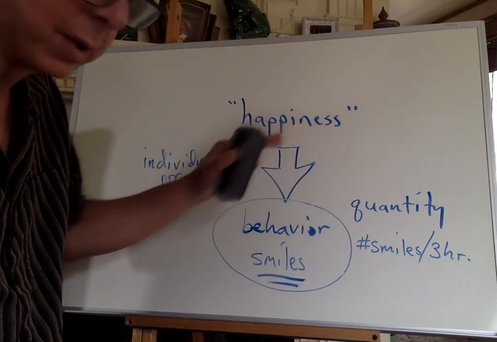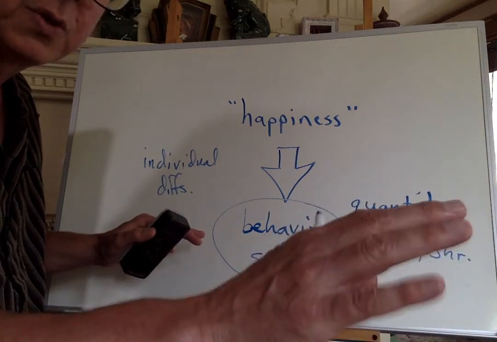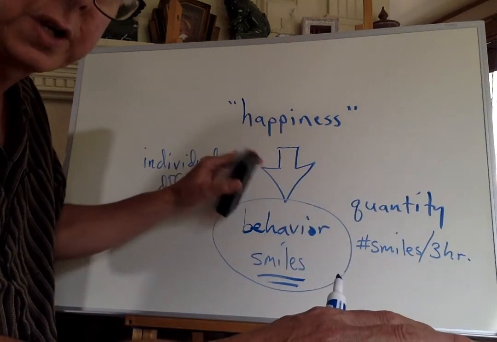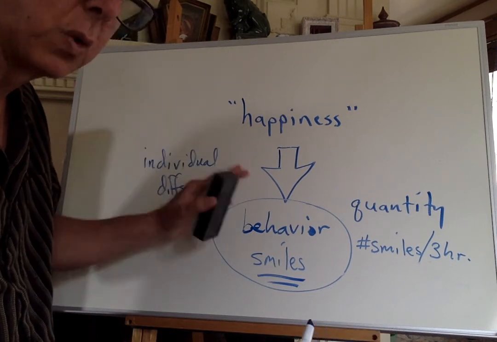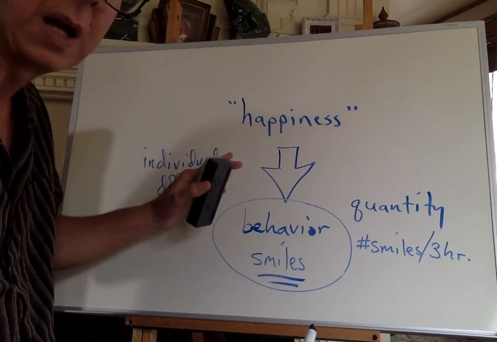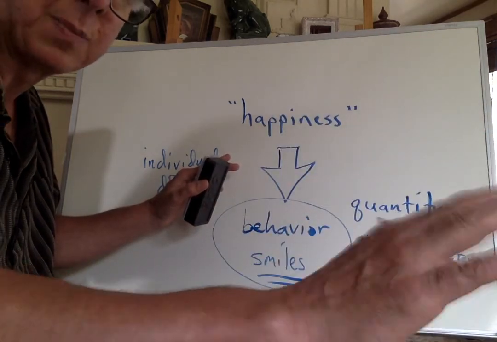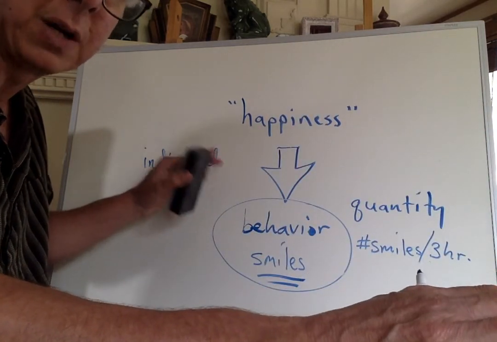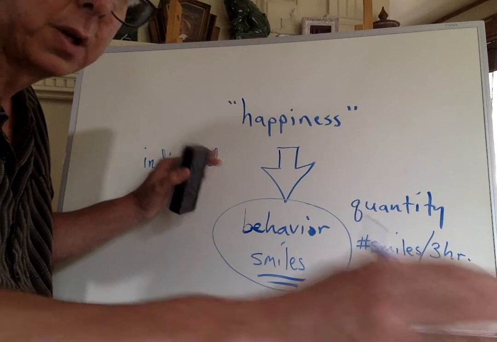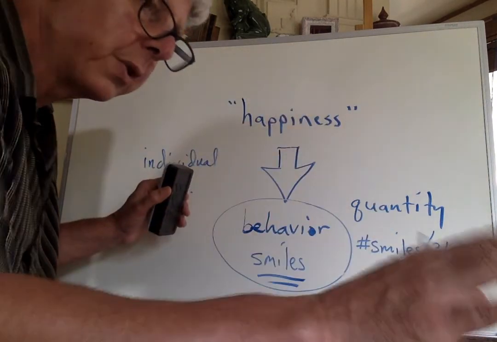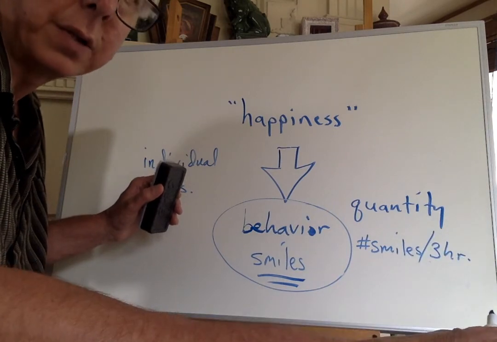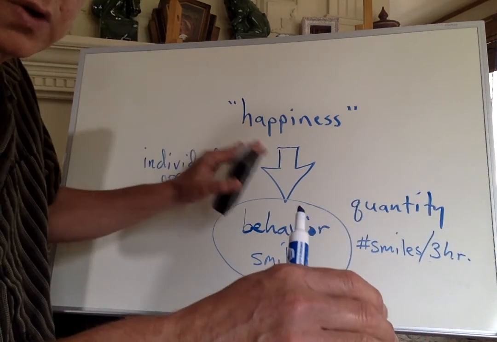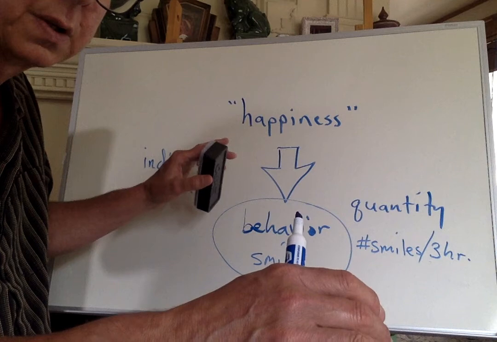Seems to be a problem here. But if I'm doing this experiment, there's going to be a group over here, right? In these 20 people, there's going to be one or two that never smile when they're happy, and one or two that never smile when they're happy here. Also, there might be one or two people here that are giggle pusses. They're going to smile no matter what. There's going to be one or two people here that are giggle pusses.